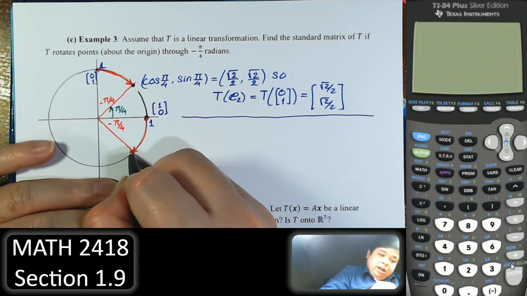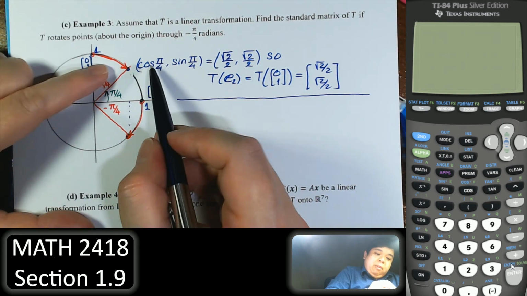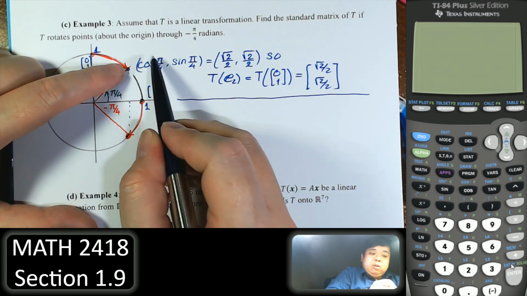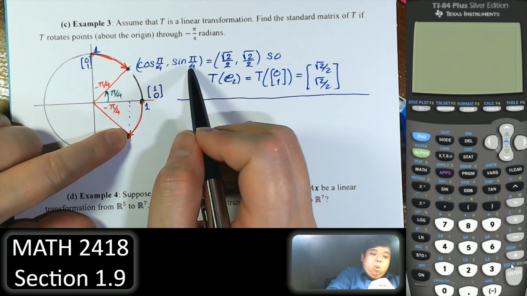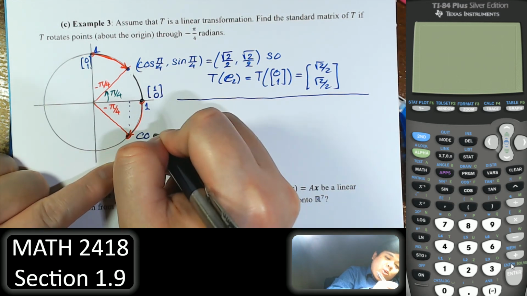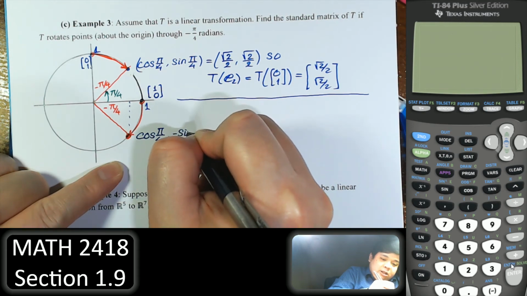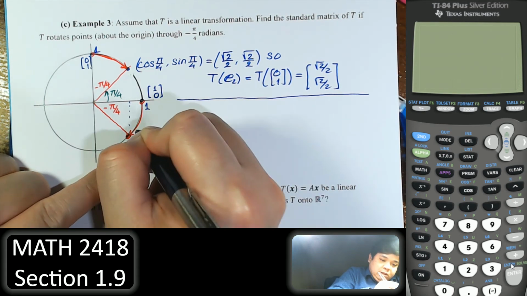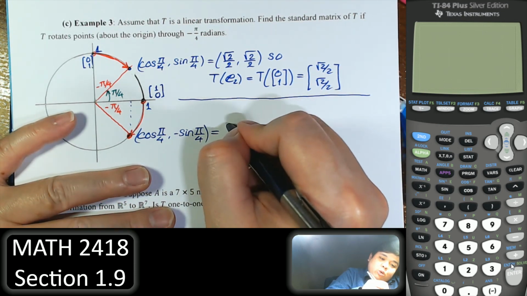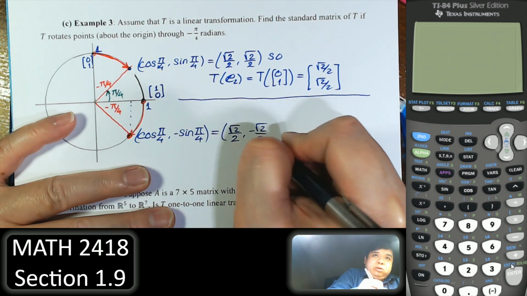Now, the transformation of this point compared to the other point, the first component will be the same, but the y component will be opposite. So this point is going to be cosine of pi over 4, negative sine of pi over 4, which will be square root of 2 over 2, negative square root of 2 over 2.